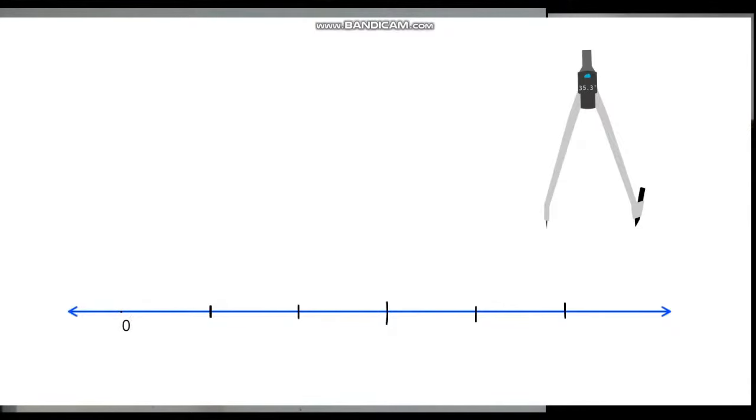Now put numbers on the number line starting from 0, then 1, 2, 3, 4, and 5.